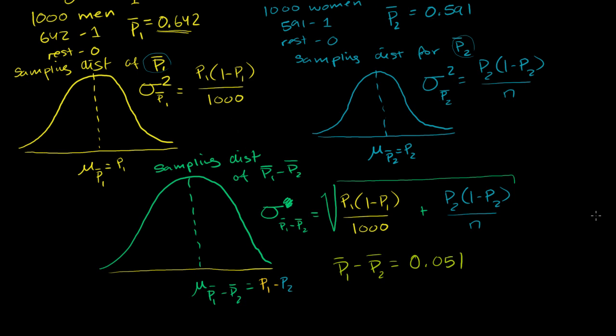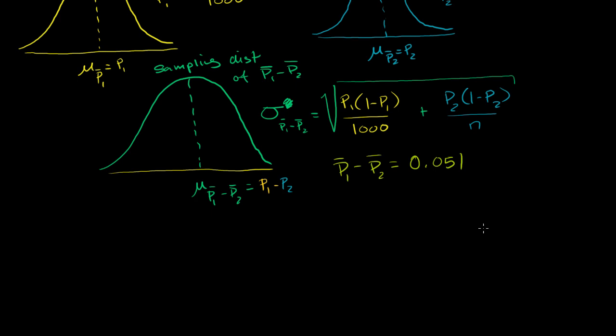So when we want a confidence interval, we want some interval. We want to be confident, I always have to say that because it's not going to be super precise. We want to be confident that there is a 95% chance that this thing right here. Remember, when we took the two sample proportions and took their difference, it's like taking a sample from the sampling distribution of the statistic.